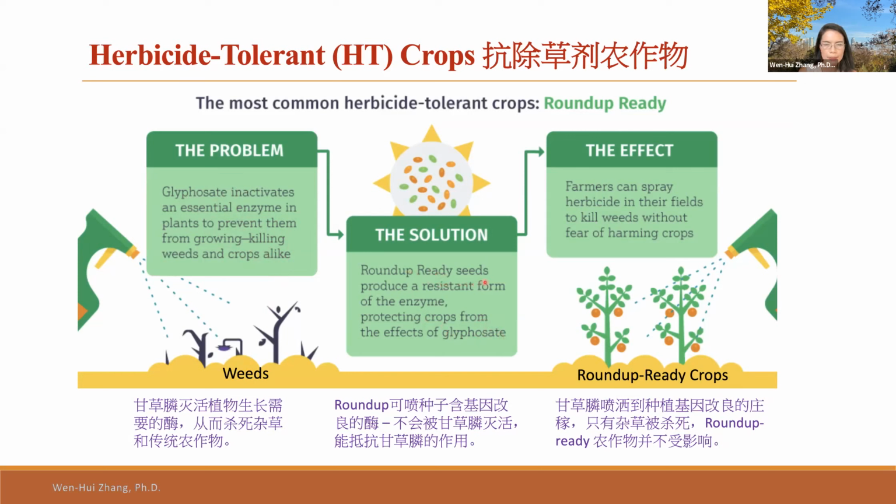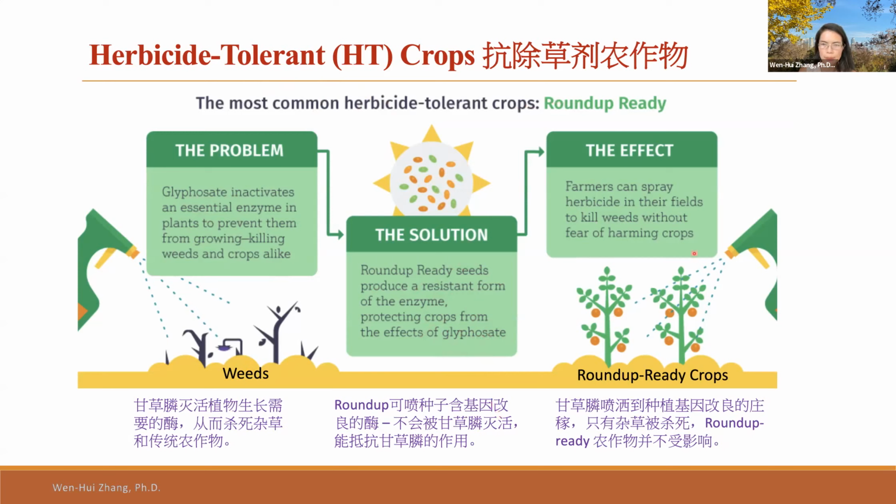And Roundup Ready seeds have DNA inserted. The inserted DNA has that enzyme in a form that is resistant to glyphosate. So the HT, the herbicide tolerant crop, is not going to be killed when you apply glyphosate-containing Roundup.